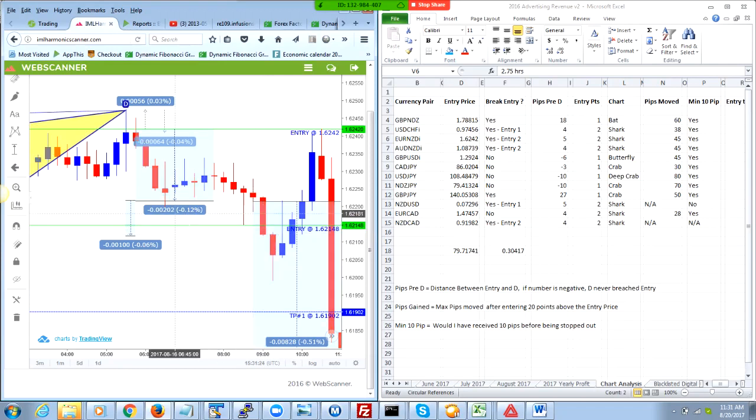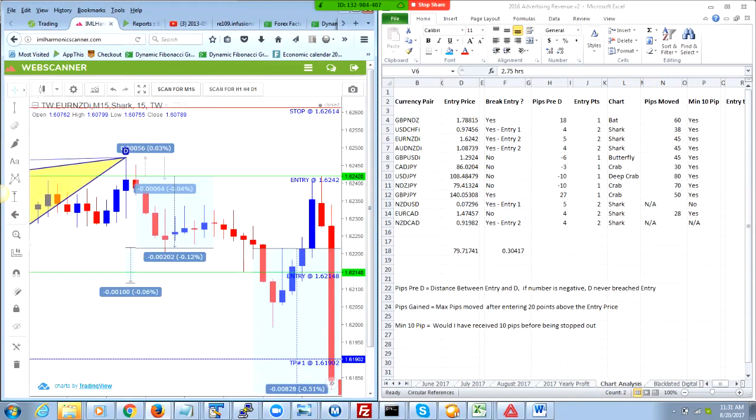From entry at 6:30 all the way to exiting for at least the 10 pips, that's about 2 hours 45 minutes. And so we can actually try this with a different chart.